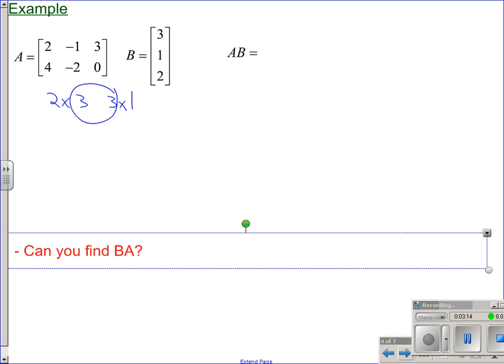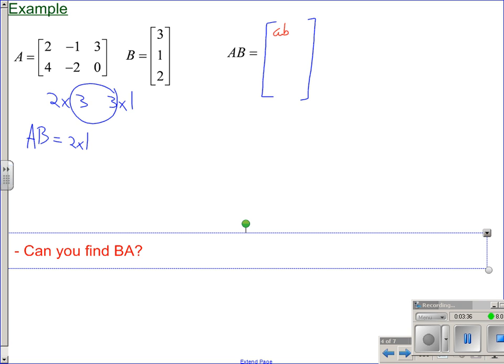Inner dimensions are the same. The answer matrix, AB, is going to be a 2 by 1 matrix. So there's going to be 2 rows and 1 column.